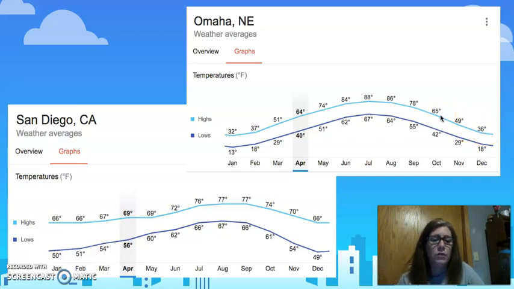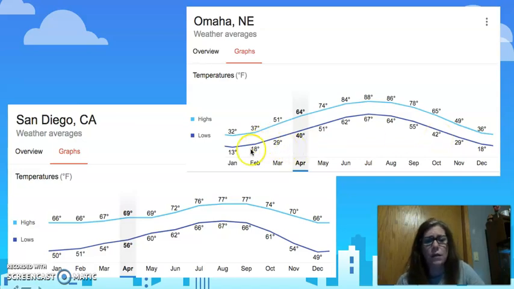So our temperatures can range from 32 degrees to 88 degrees between the coldest time of year and the warmest time of year. In the same way, our low temperatures can be from 13 degrees in January, 40 degrees in April, 67 in July, and then 42 degrees in October.